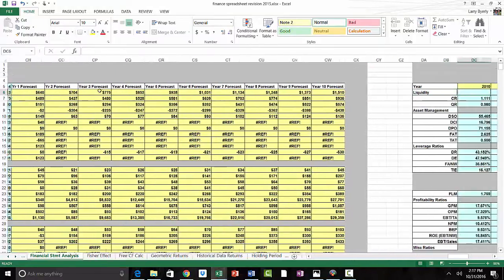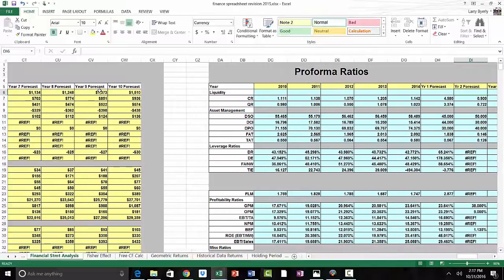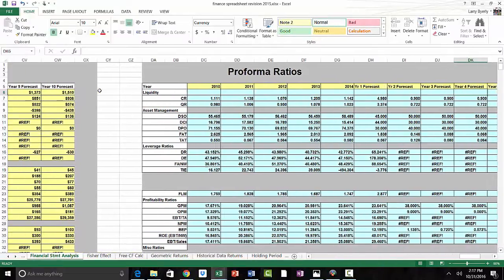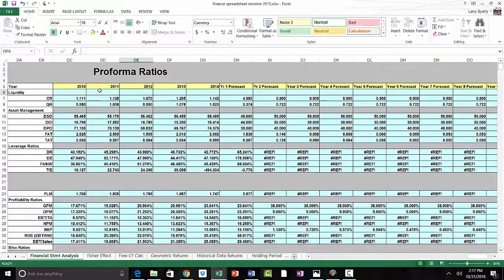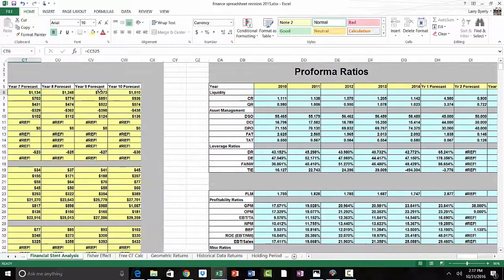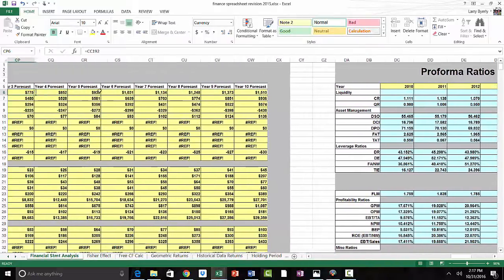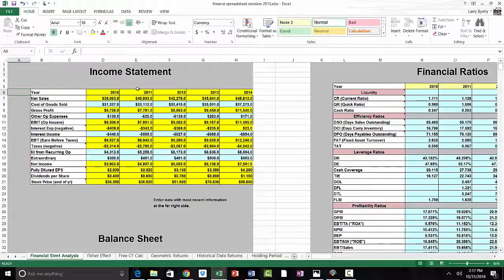If we have financial statements into 10 years, 15 years total, 5 years historic and 10 years in the future, we can then create the ratios and look at how the strategic plans of the company are going to alter and change the financial structure of the company and its financial soundness. So this is a very powerful spreadsheet, and it will do lots of good things for us.